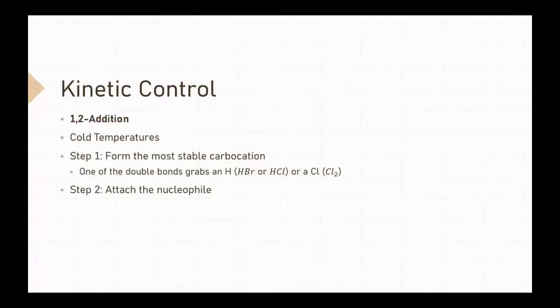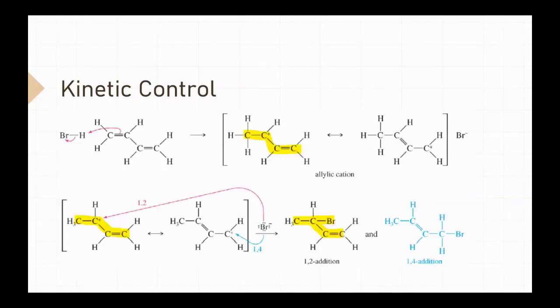So one of the double bonds will grab an H, or a halogen if it's like an X2 compound, right? So one of the double bonds will get that, and then you will get a carbocation. So here's an example. You have HBr. We'll choose this as the one that's getting the hydrogen.